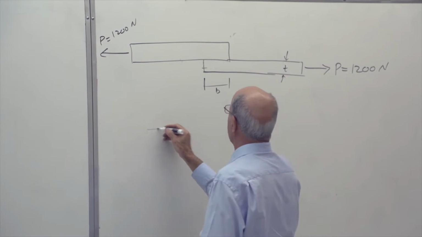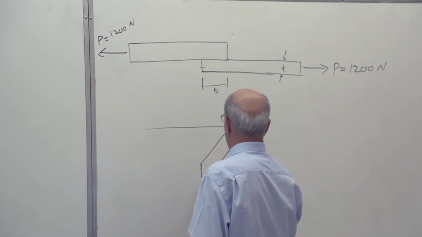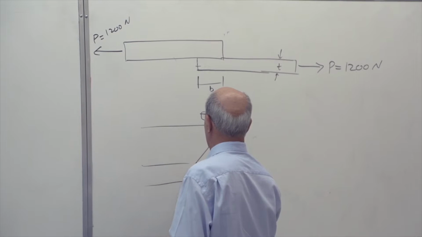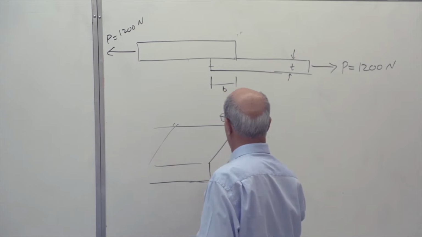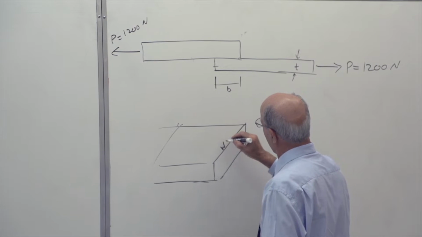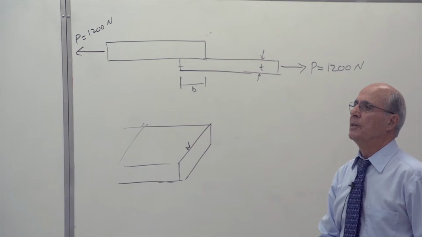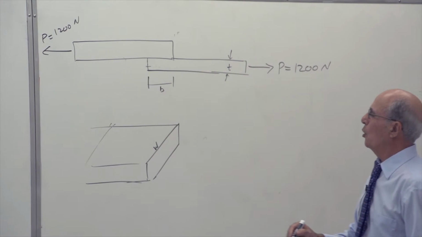And if I'm showing that three-dimensionally, which we need to do, okay, this width of the plate, W, is the width of the plate. For this example, I'm going to put all the numbers there.